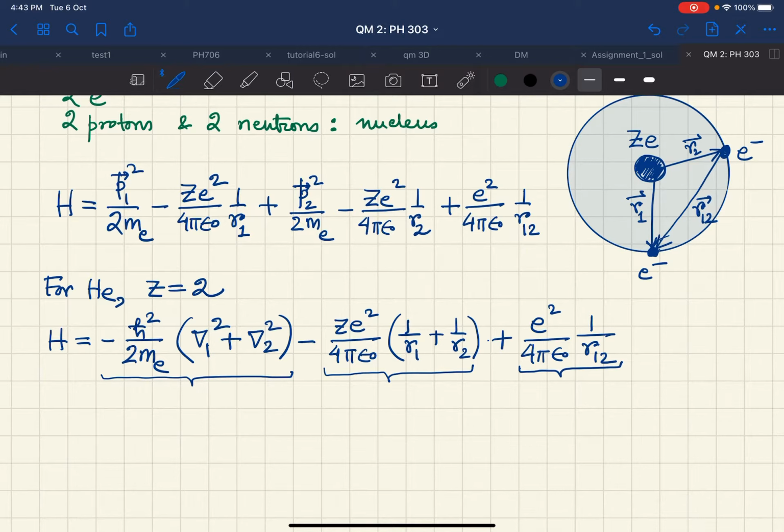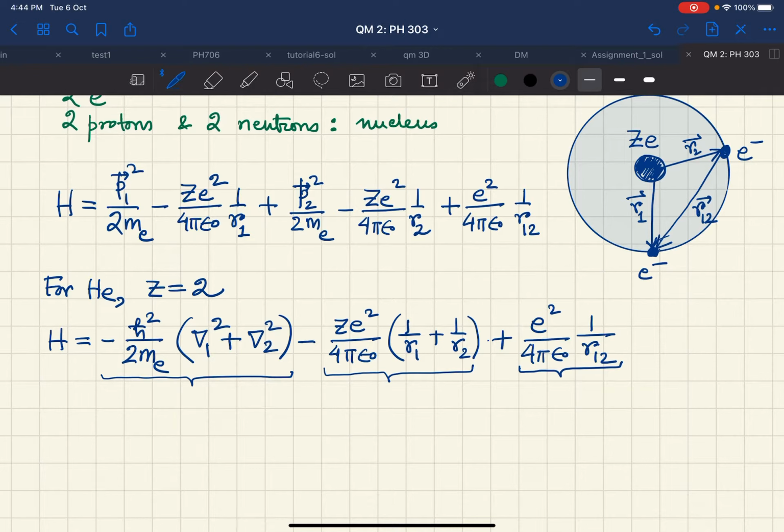Having said this, we also have to note that this particular atomic system looks slightly more complicated than the hydrogen atom that we have solved exactly. However, you would be surprised to know that it cannot be solved exactly.